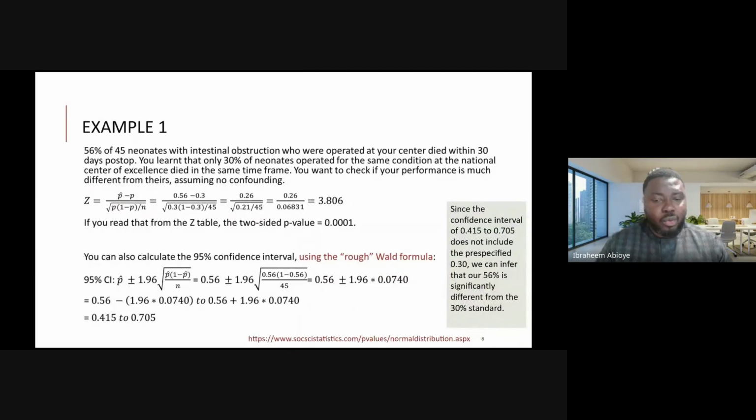Here, what we note is that 30% is not within this range. We therefore conclude that the 30% from the National Center of Excellence is significantly different from the 56% from your own center. Any questions?